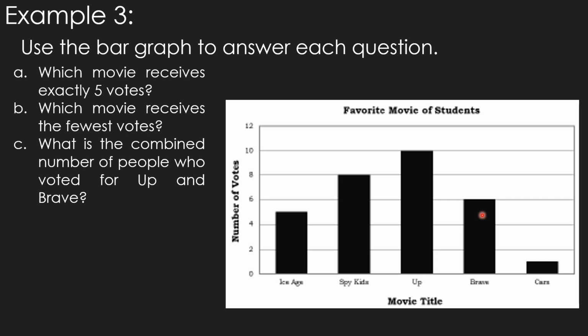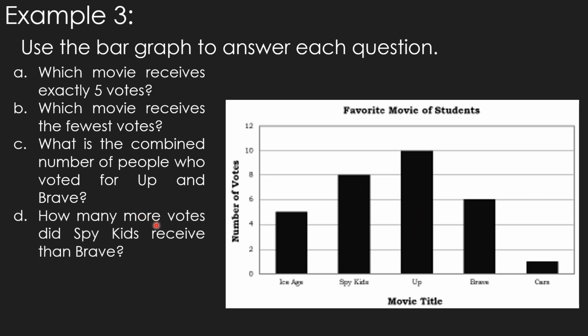So, therefore, the combined number is 16. Next, how many more votes did Spy Kids receive than Brave? Spy Kids has 8, Brave is 2. So therefore, Spy Kids received 2 more votes than Brave.